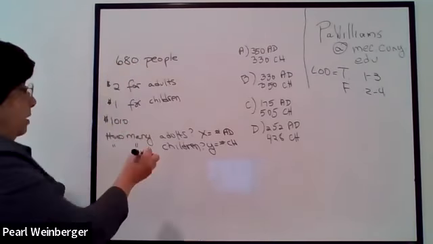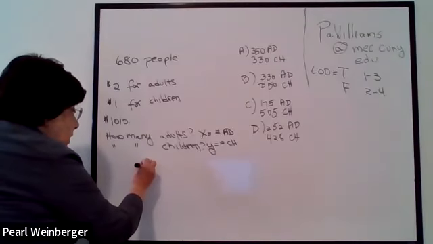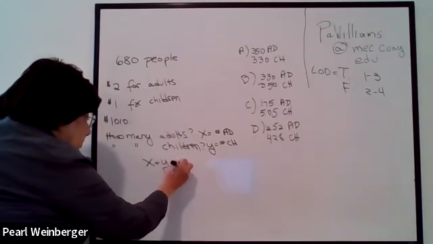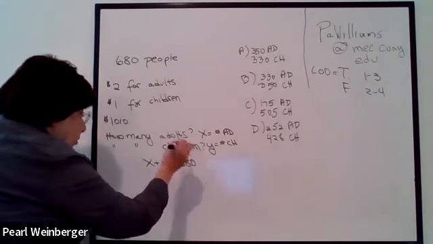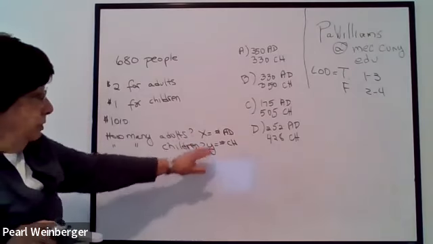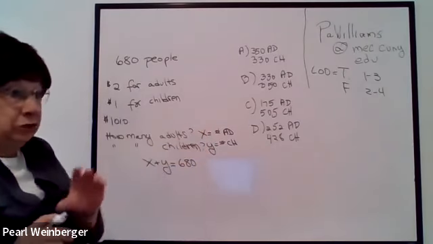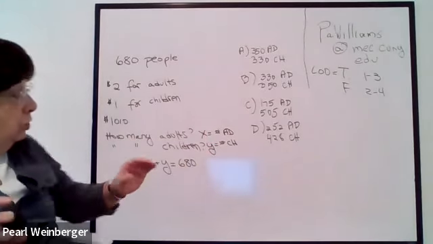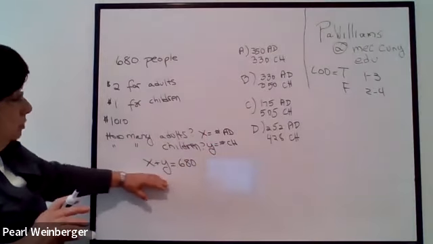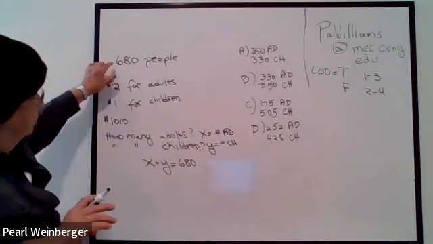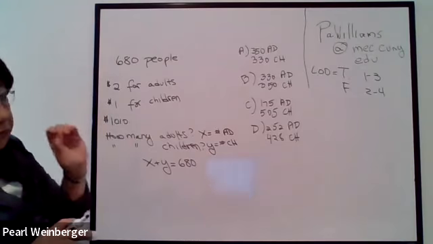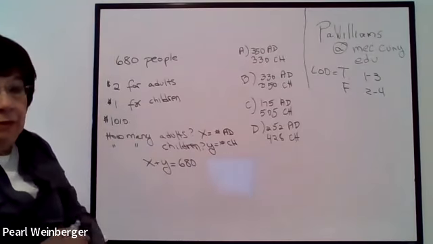So our first equation is X plus Y equals 680. The X and the Y are just the number of people. It has nothing to do with how much money they spent to get in.